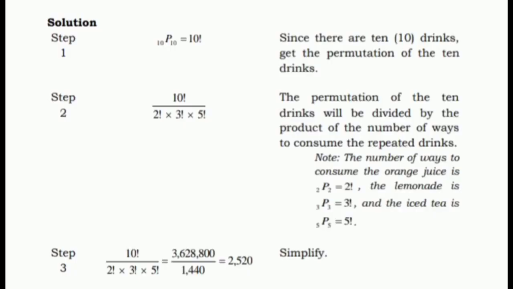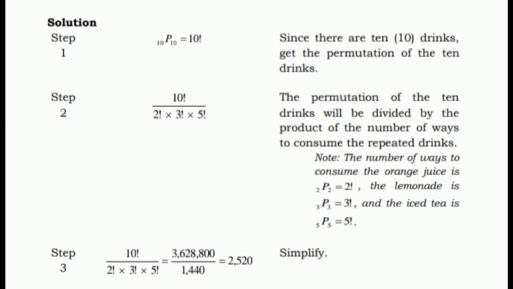Let us take a look at an example. If there are 2 cans of orange juice, 3 cans of lemonade, and 5 cans of iced tea in a cooler, how many ways can these drinks be consumed by a customer? Since there are 10 drinks, get the permutation of the 10 drinks. The permutation will be divided by the product of the number of ways to consume the repeated drinks.